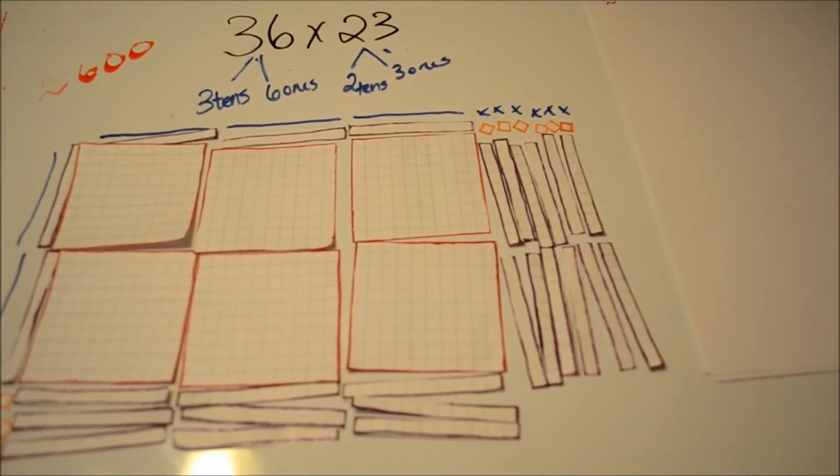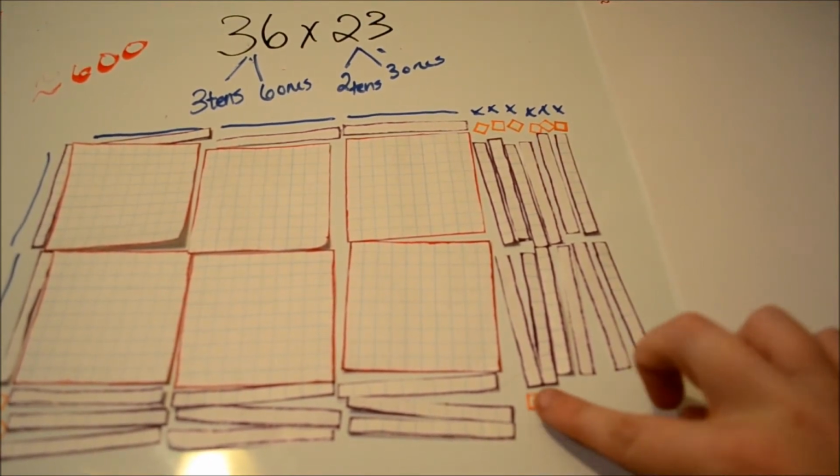Alright, now we're not going to be able to fit any more tens down here in this bottom portion, so now we have to fill in the rest with ones.